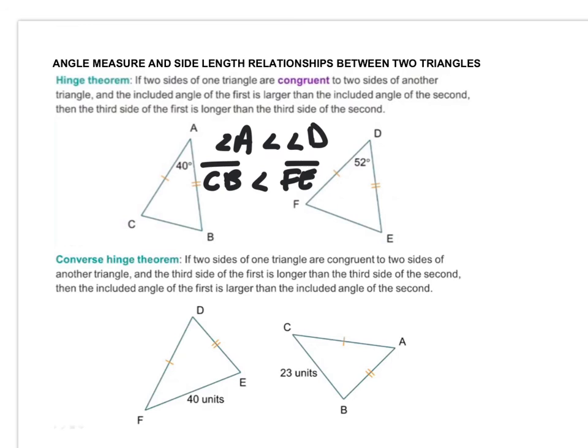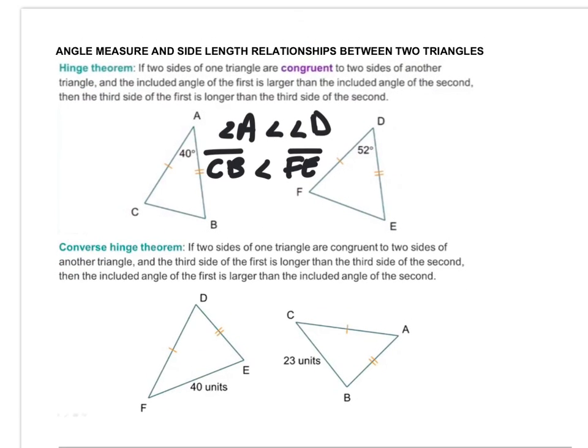So we're analyzing side lengths based off of angle measures. Just because these 2 sides are congruent doesn't tell us anything about the third side. We have to know something about the angle measures in between. And then there's a converse to that.